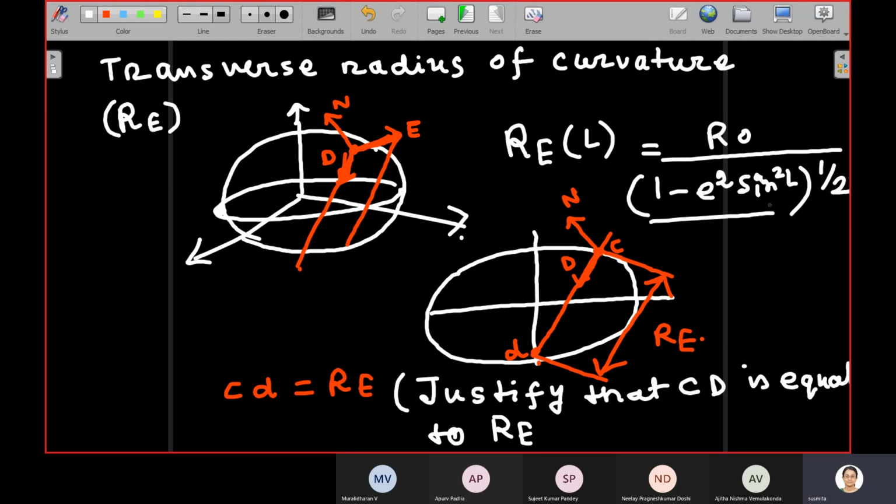So there you assume that RE is equal to this, and then you show that the length of CD geometrically is equal to this one. This is not what I am looking for. Using the basic definition of radius of curvature, you can use some other equation, but not the expression of RE. Okay, you need to justify. I'm not asking you to prove it, but you need to justify that the length CD is actually RE.